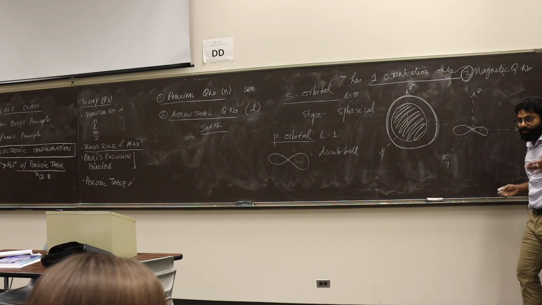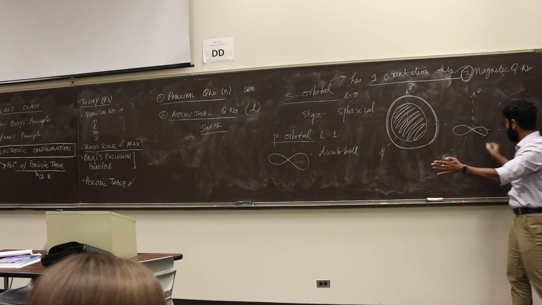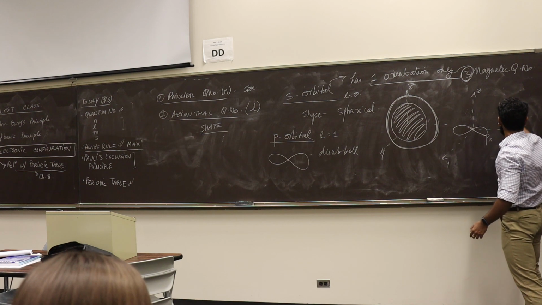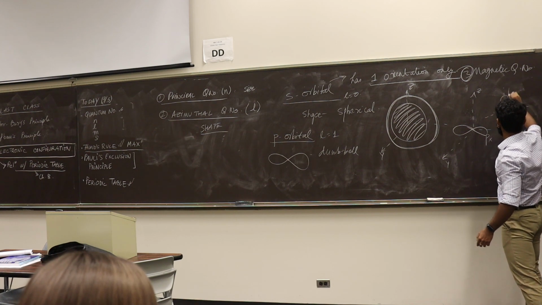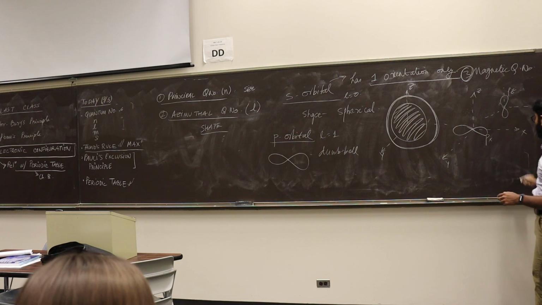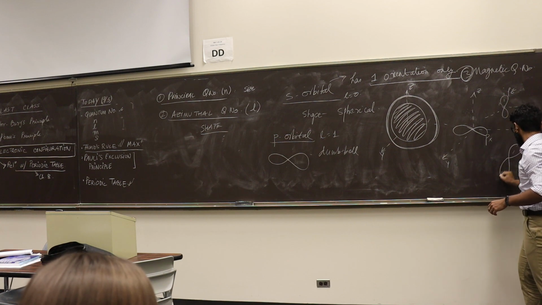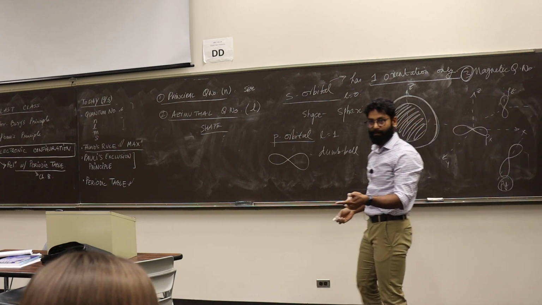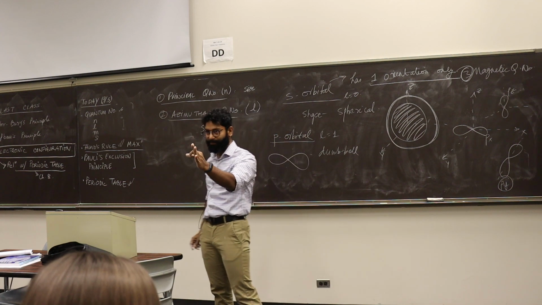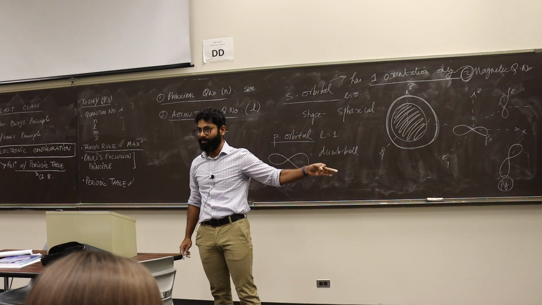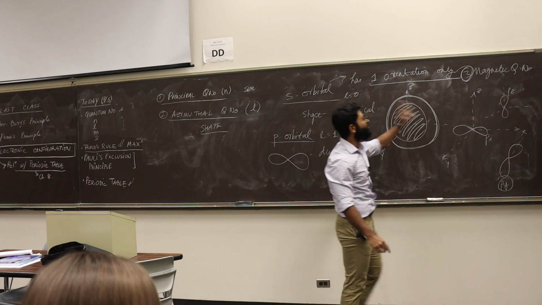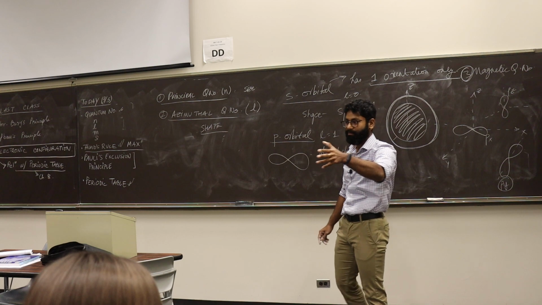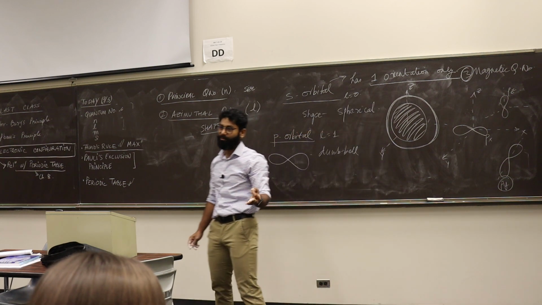You can orient it towards the x-axis, so this becomes a px, or you can orient it across the z-axis, so pz, and you can orient it about the y-axis, so this becomes a py. So there are 3 orientations possible for p orbital. So how many different magnetic quantum numbers will be there for p orbital? 3. Because it's just the number of orientations.